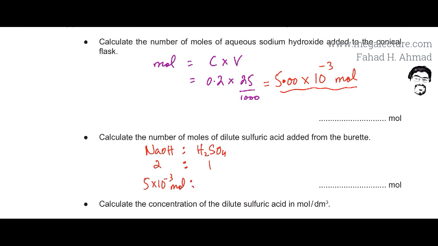So according to this ratio, the amount of H2SO4 that would react with it is going to be half. You can use the crisscross unitary method, or it's very clear: if 2 react with 1, the amount of H2SO4 is going to be half the amount of NaOH. So it's going to be 2.50, again up to three significant figures, × 10^-3 moles. So that's the amount of sulfuric acid that would be used.